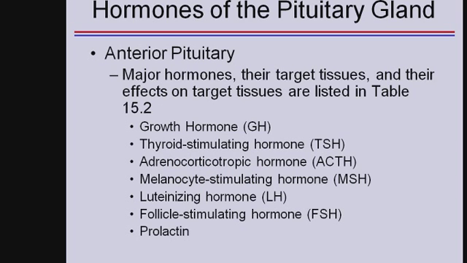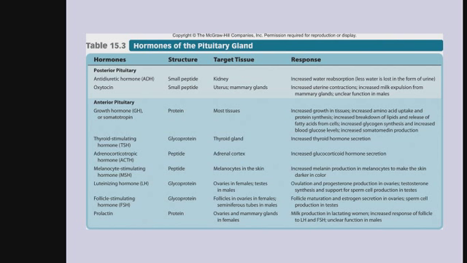The anterior pituitary has several major hormones: growth hormone, thyroid stimulating hormone, adrenocorticotropic hormone, melanocyte stimulating hormone, luteinizing hormone, FSH or follicle stimulating hormone, as well as prolactin.